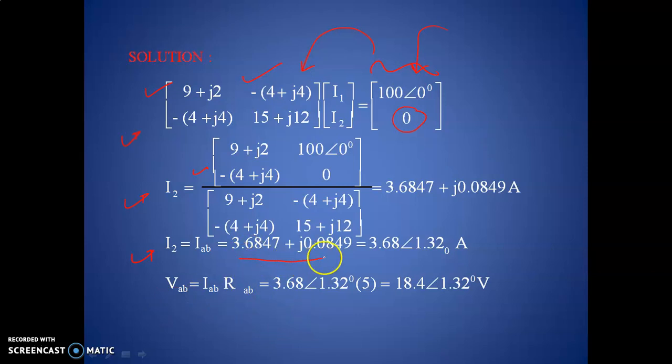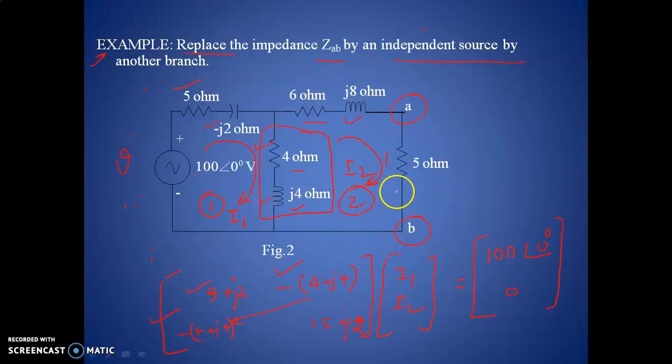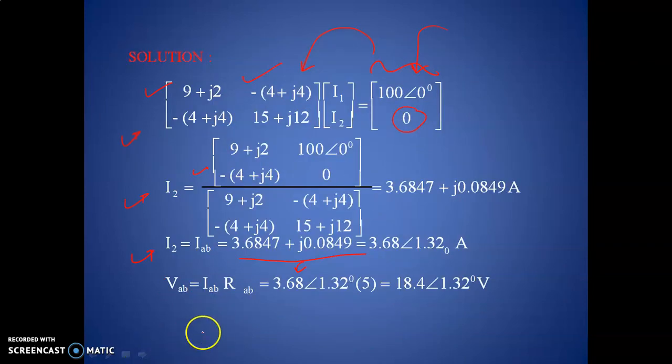IAB is calculated here, and RAB, you know where RAB is? This is your RAB. Multiplied by 5, which gives 18.4 angle 1.32 degree volt.